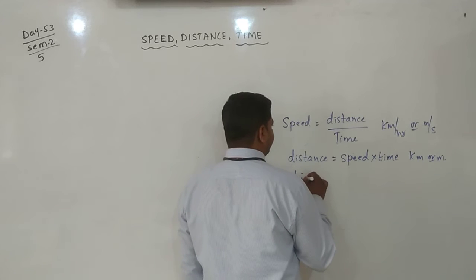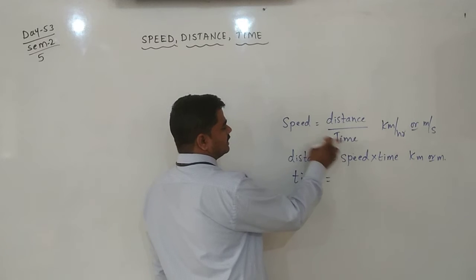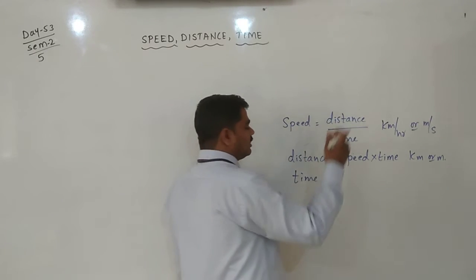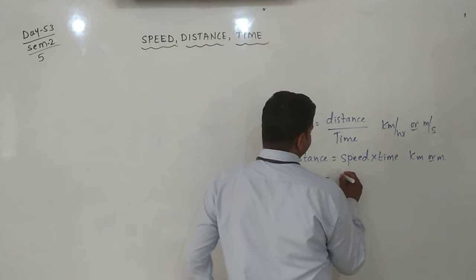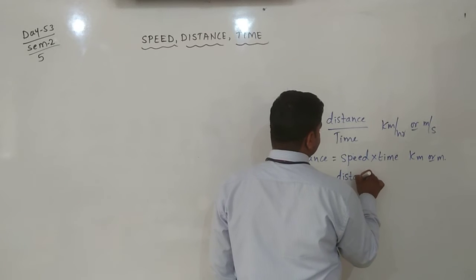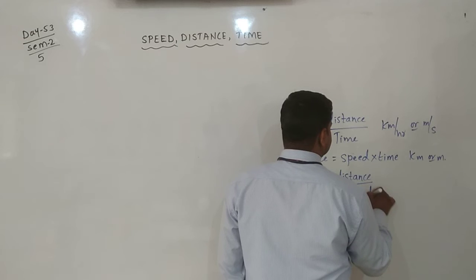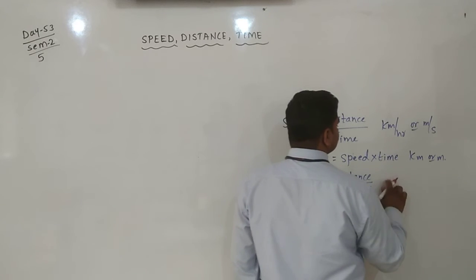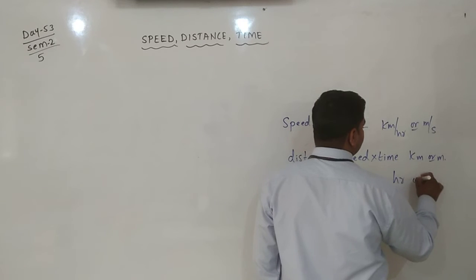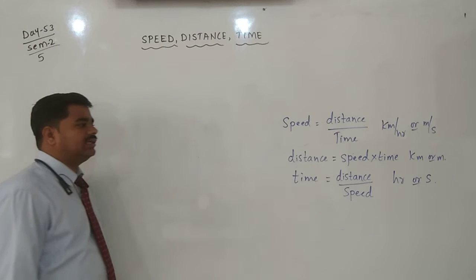If you want time, we rearrange again: the speed goes to the other side, and it is inverse. Time is equal to distance by speed. The unit for time is hours or seconds.